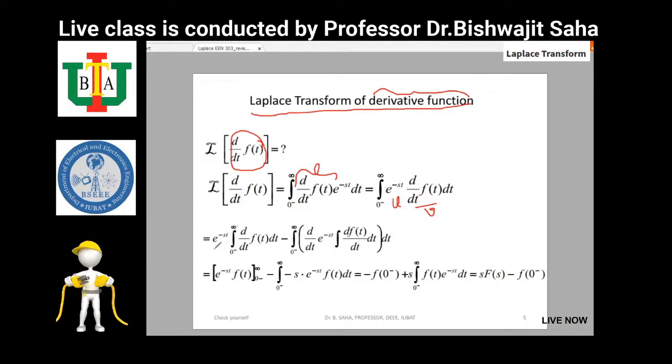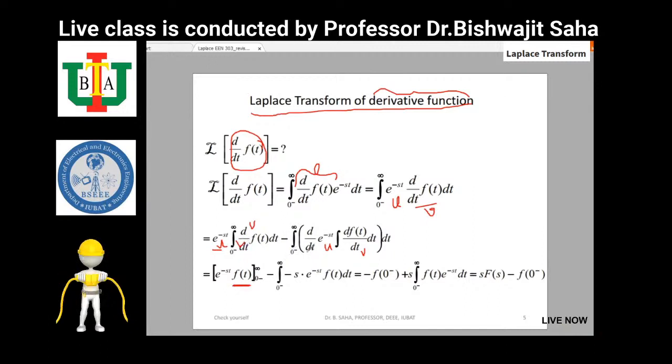If we apply the formula, it is u times the integral of d by dt v, from 0 minus to infinity, as u v, minus the integral of d by dt u and the integration of v dt, overall dt. So we find that the integration of d by dt f of t becomes only f of t, because derivation and integration cancel out each other.